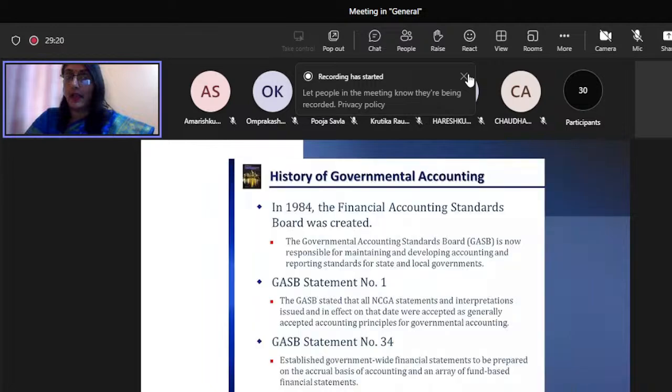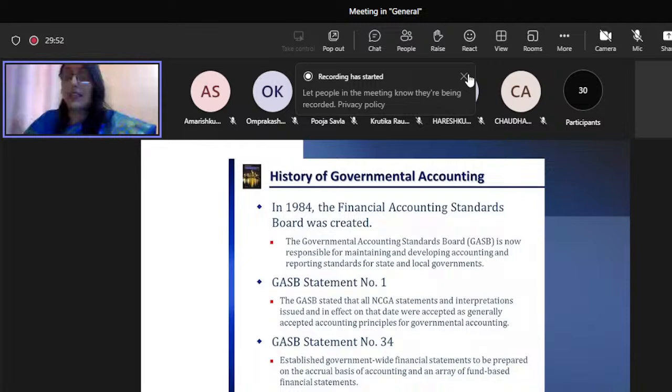In 1984, the Financial Accounting Standards Board was created, because to maintain consistency and to compare with peer groups, the need for a standard evolved. The Governmental Accounting Standards Board is now responsible for establishing the accounting standards for public sector accounting.